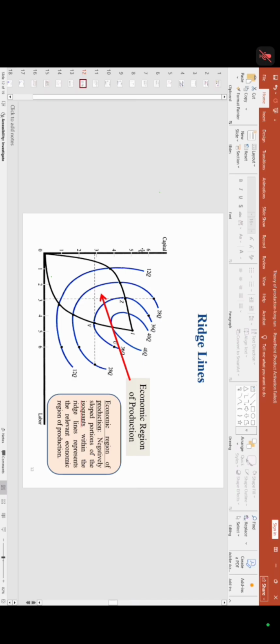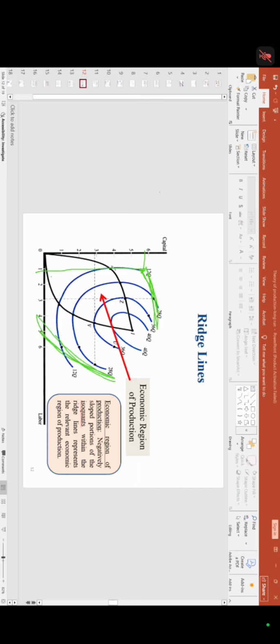Because if you draw a sketch here, there is no compromise here. Therefore it is 0; when one input increases, the quantity has not increased. So these regions we call upper ridge lines, and this is the lower ridge line.